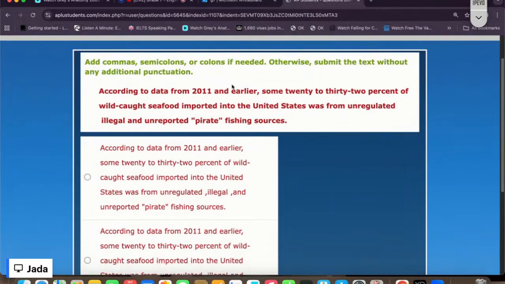According to the data from 2011 and earlier, some 20 to 32% of wild caught seafood imported into the United States was from unregulated, illegal, and unreported pirate fishing sources.